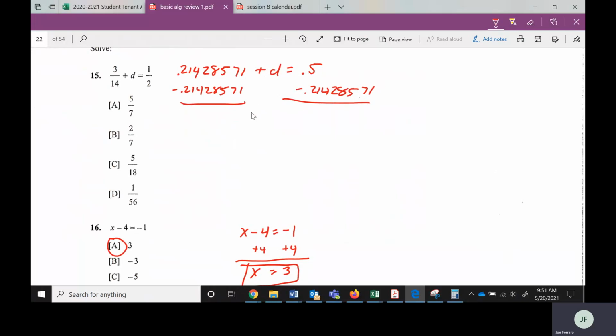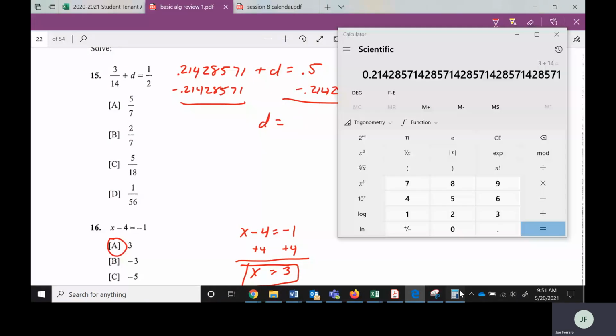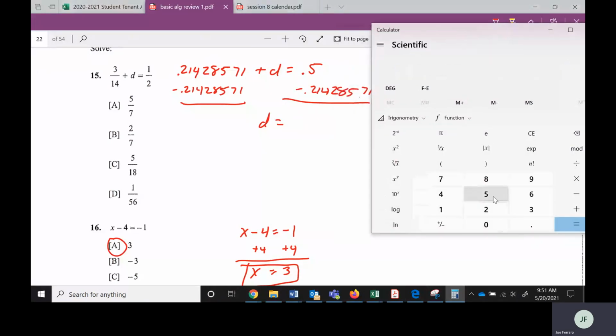Okay, over here that goes to 0, so we bring this down, we get the D. Okay, now over here, it's going to be a little annoying to type in, but we're going to go 0.5 minus 0.214, however many numbers you wrote down, 571.